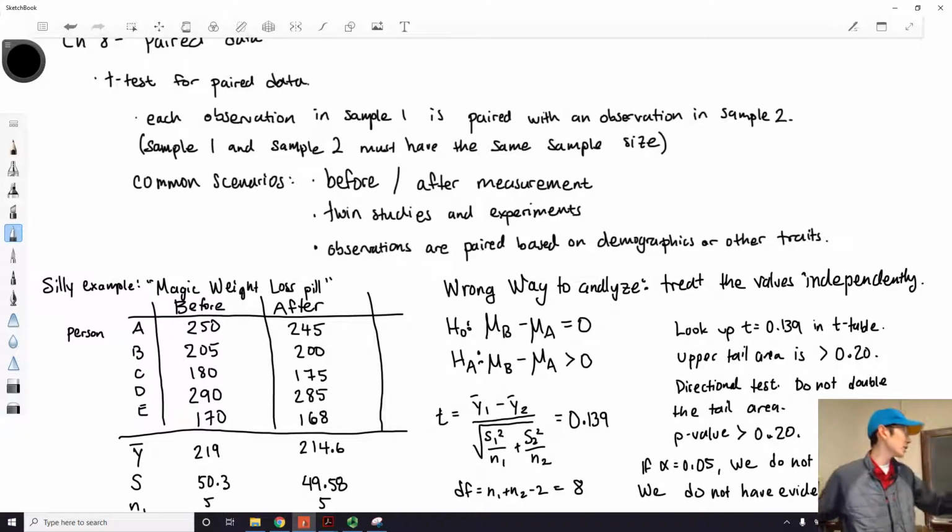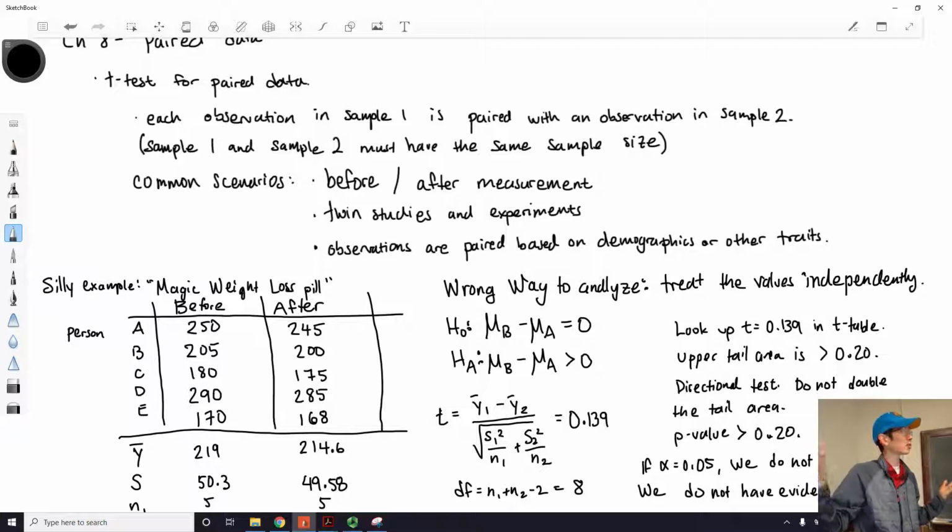Because if we look at it, it sure looks like everybody who takes the pill is losing weight, okay? So what's going on? The reason why we can't come to this conclusion is that the starting weights of all of these people have huge variation. The person who weighs the least is 170, the person who weighs the most is 290, and that's a large amount of variation.